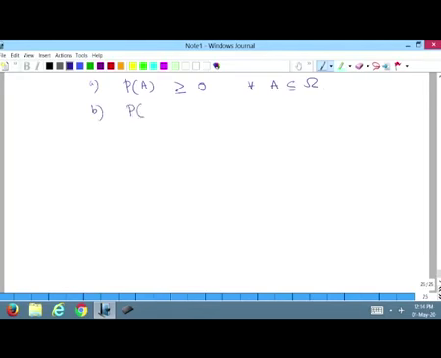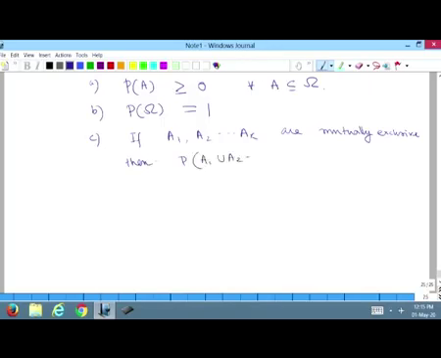B, P of omega is equal to 1, and C, if A1, A2, up to Ak are mutually exclusive, then P of A1 union A2 union up to Ak is equal to sigma over probability of individual event i is equal to 1 to k.